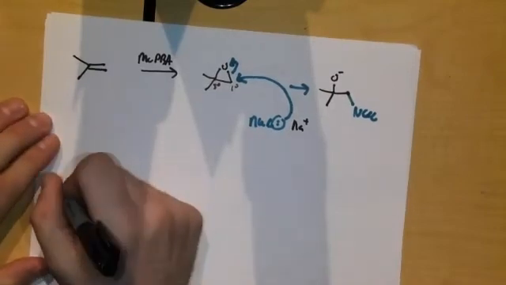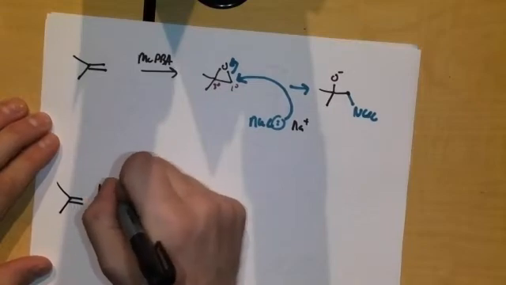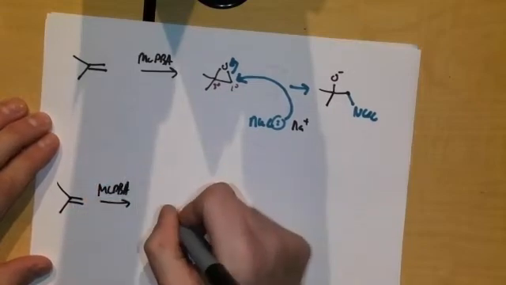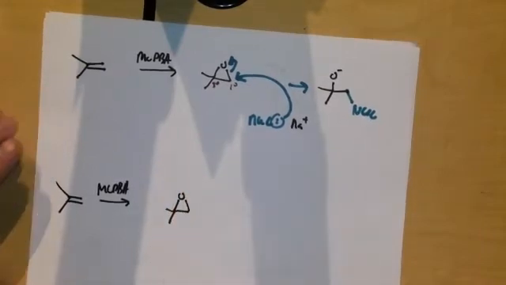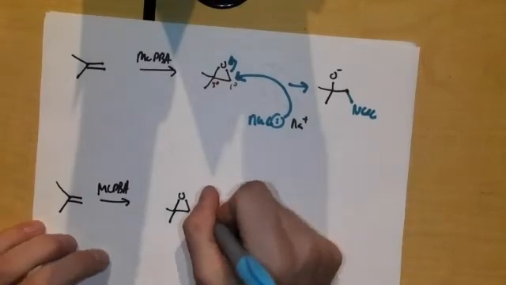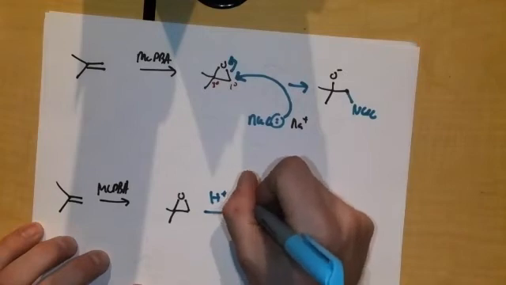The other option is if we have MCPBA, and we throw in something that has H plus and a nucleophile.